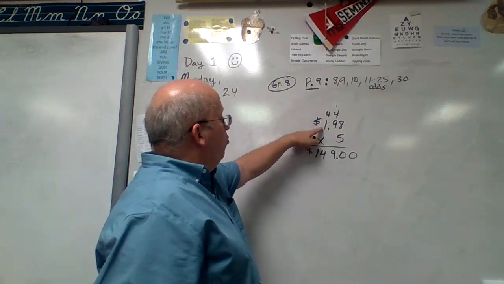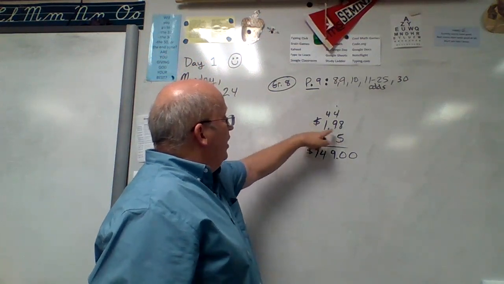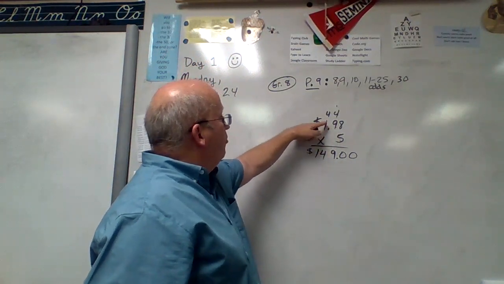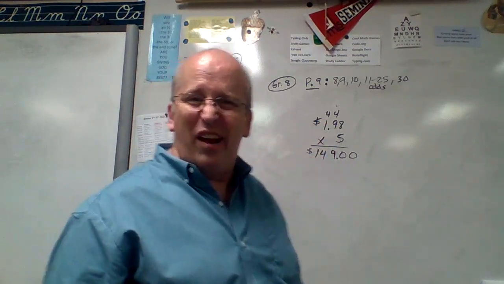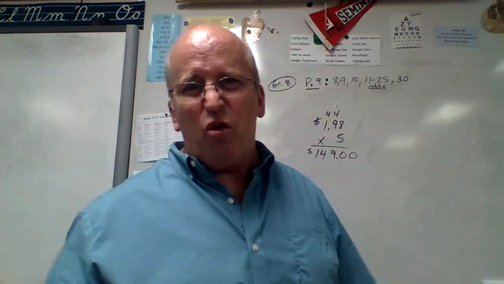Well, 5 times 1 is $5. This is really close to $2, so 5 times 2, shouldn't my answer be around $10? Or at least somewhat close to it?